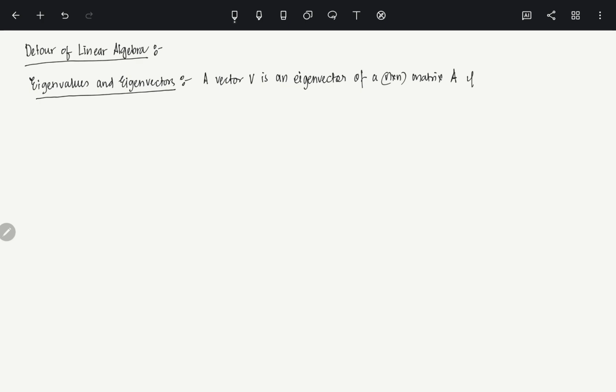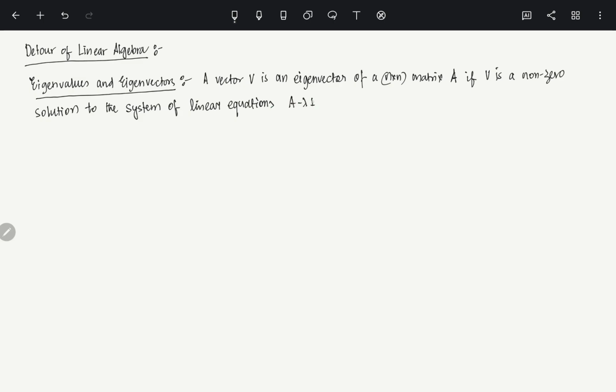Okay, if V is a non-zero solution to the system of linear equations, what are the equations?